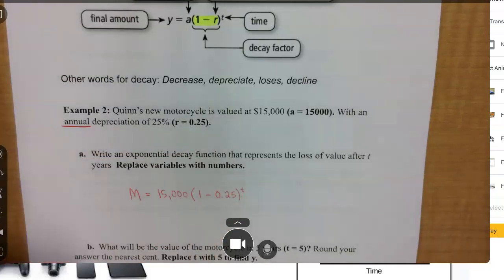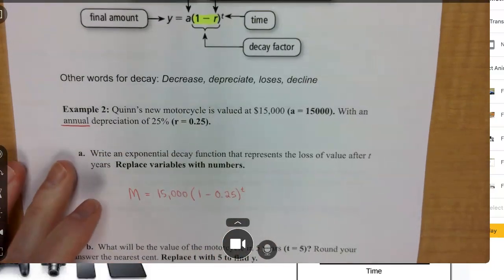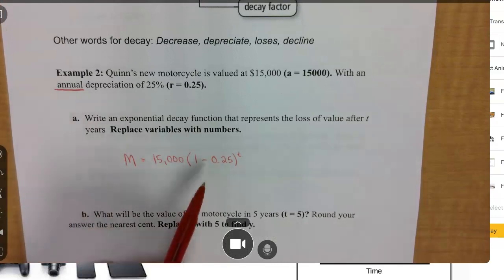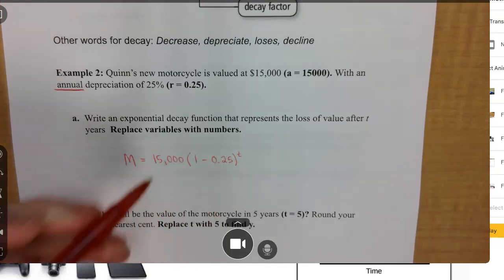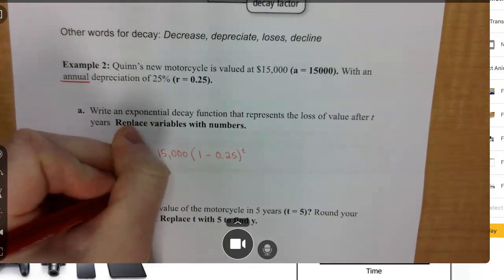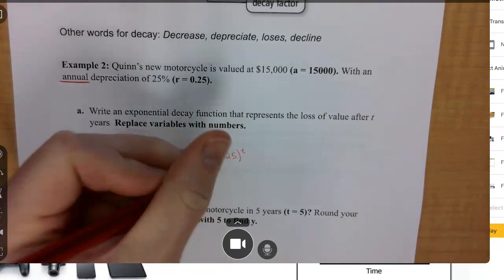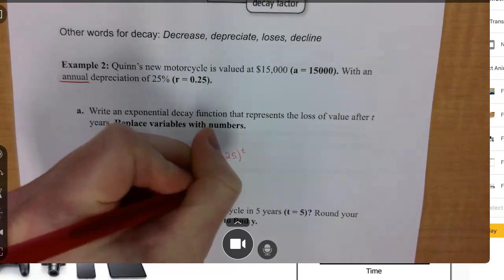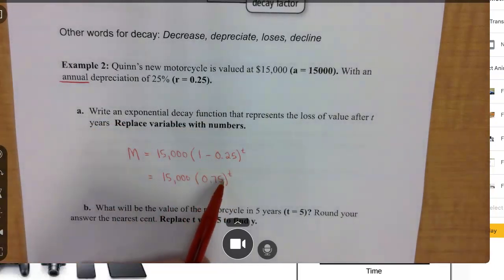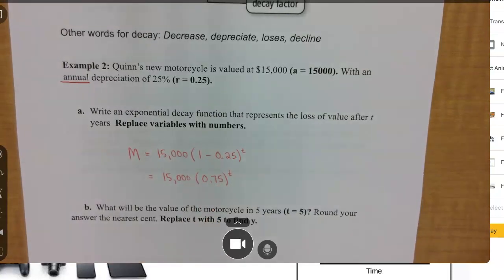And then over time, how many years, we can figure out how much it's worth. Well, let's go ahead and simplify the inside of the parentheses. It's really 15,000 times, well, 1 minus 0.25 is 0.75. So there's my b value that's between 0 and 1. That's how I know it's decay and not growth.